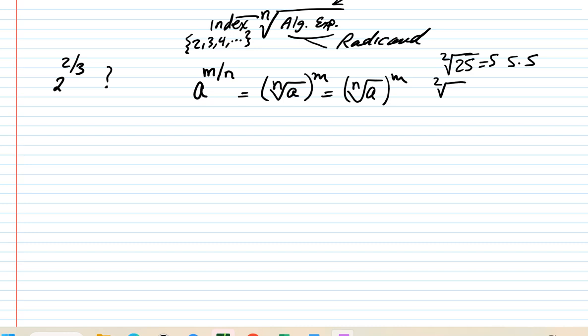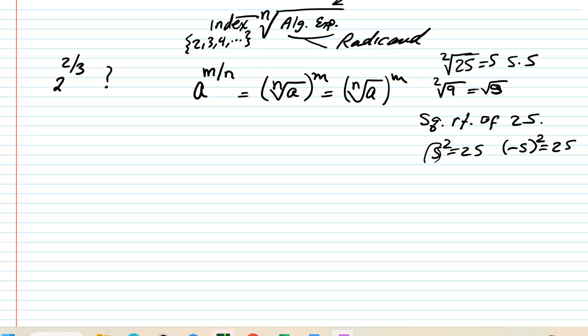So instead of writing, for example, the square root of 9 with the index, we simply write it without it. By definition of a square root, the square root of 25 means a number squared becomes 25. Well, 5 squared is 25. So is negative 5 squared, right?